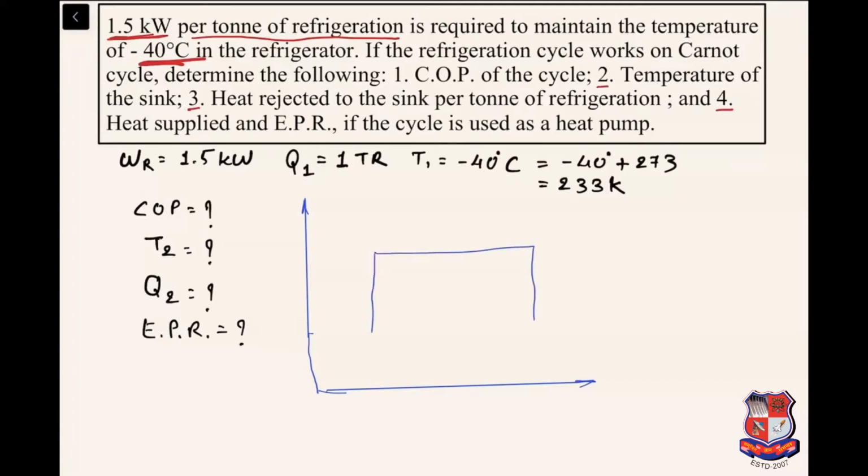So if we go for the cycle, first the Carnot cycle, that is 1, 2, 3 and 4. So 1 to 2, 2 to 3, 3 to 4 and 4 to 1. So this is the Carnot cycle TS diagram. Now if we consider the heat engine, then work required, that is work needs to be given.